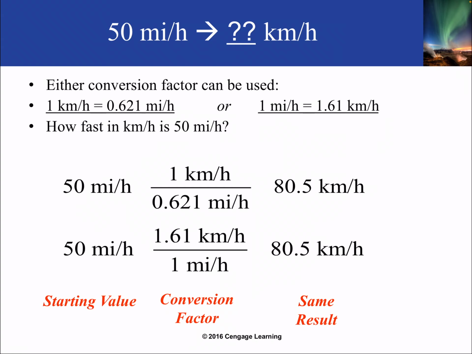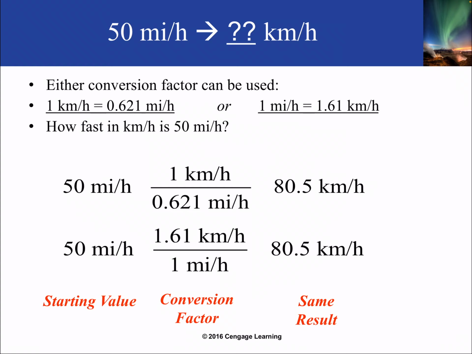So if you're trying to solve that same question that we just had, 50 miles per hour equals how many kilometers per hour, you can use either conversion factor. You're still going to get the correct answer as long as the problem is set up properly.